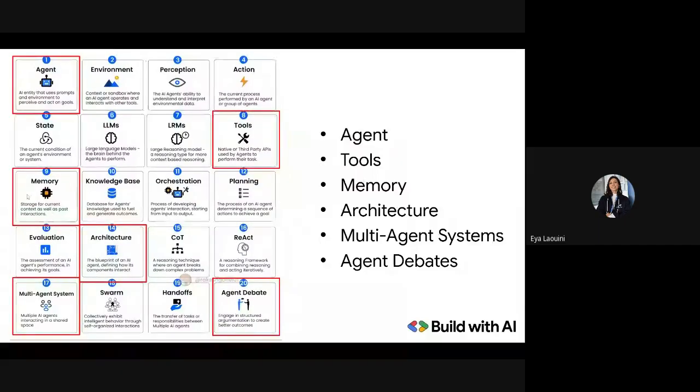Also, we have the memory, which is an important component here. We will talk about memory more. Memory is where we store the current context as well as past interactions. As you know, AI models are designed with inspiration from our human brains. And in our brain, we have memory, and we have two types of memories: the short-term memory and the long-term memory.